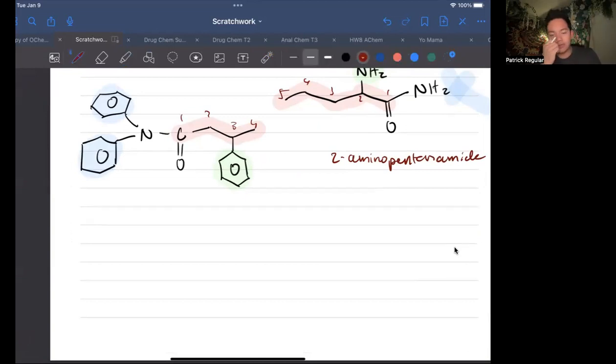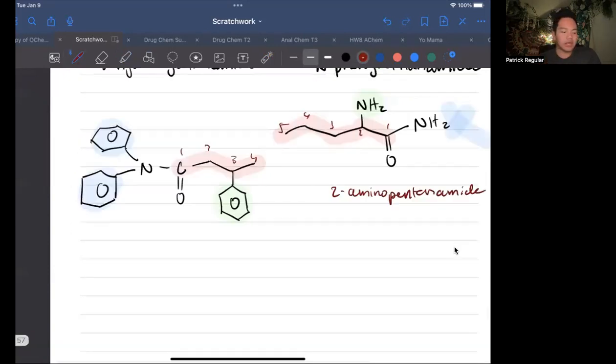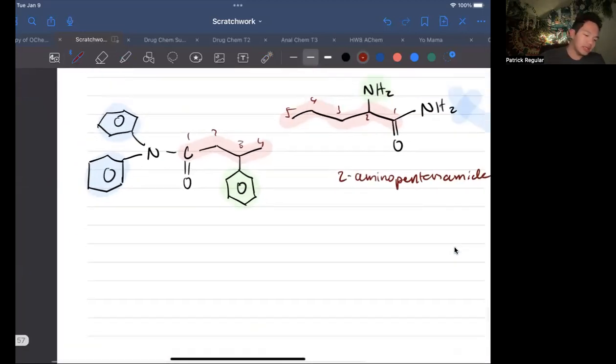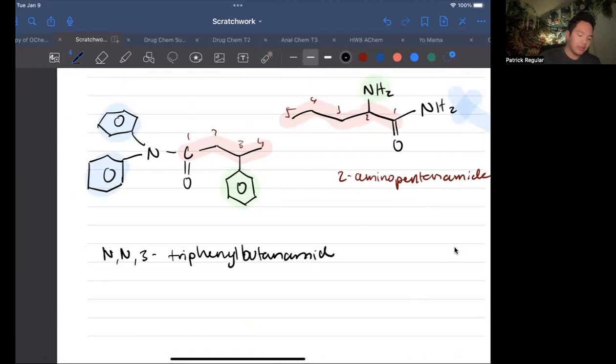So let's take a look. I have 2 phenyls and I have another phenyl, kind of like this example up here. I have 3 phenyls. Well, this would thus be N, because remember, 2 of the 3 phenyls are going to be on that nitrogen, and N,N,3-triphenylbutanamide. Isn't that a lovely structure?